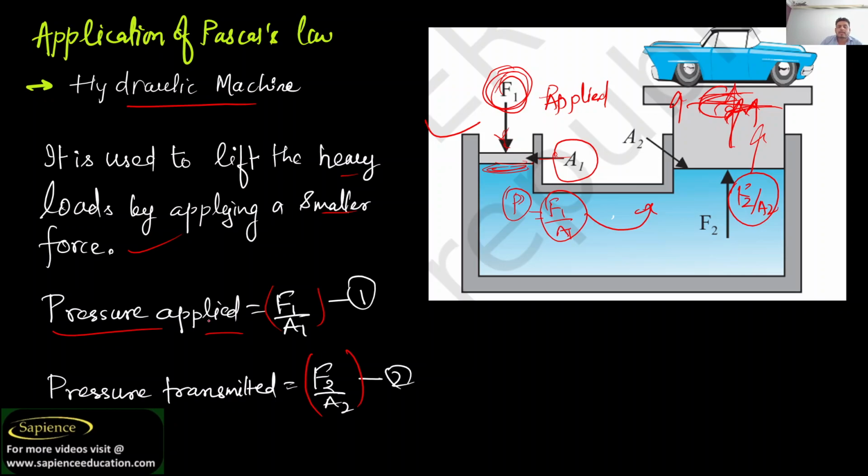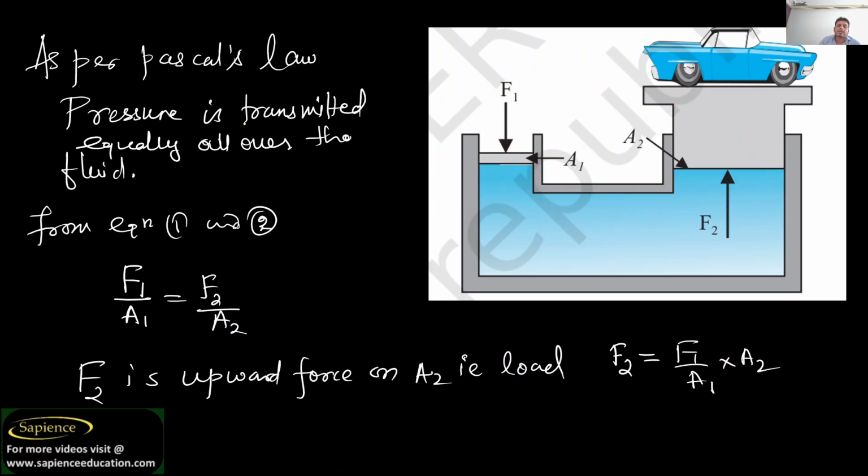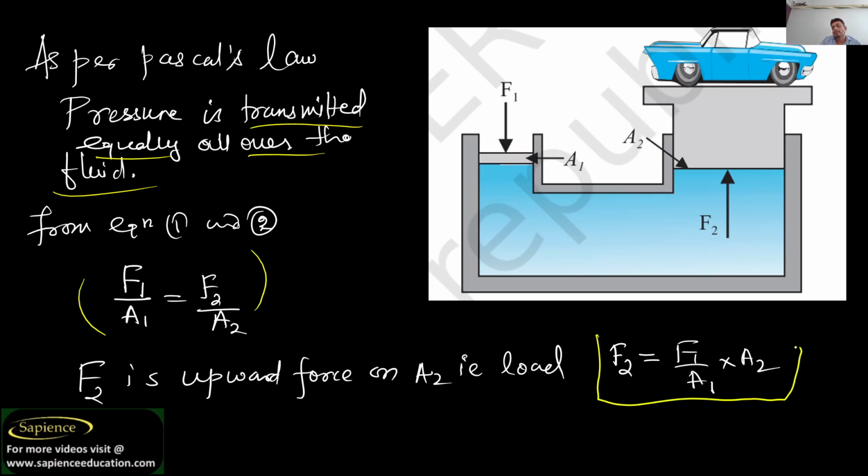So equation 1 and equation 2 will be the same. That is, F1 by A1 will be equal to F2 by A2. By using this, if you want the force F2, F2 will be equal to F1 by A1 into A2. As per Pascal's law, it is transmitted equally all over the fluid, so from the equation F1 by A1 equal to F2 by A2 we are getting this equation.